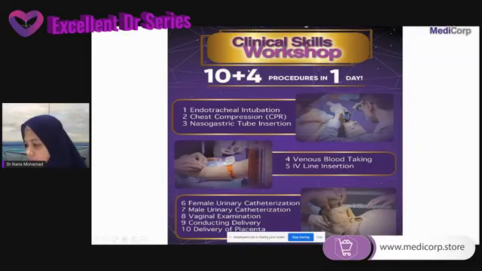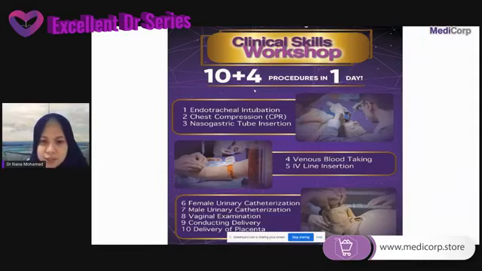Another 4 are additional demonstrations. We will demonstrate to you blood culture, ABG, what else? Amniotomy and per rectal examination. So all are very common and compulsory procedures for you. If you are going to start your housemanship, you are expecting next intake, it is very recommended for you to join so that you can practice or brush up the skills before you start.